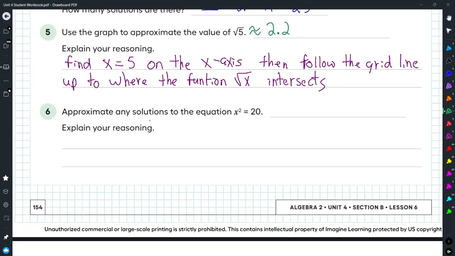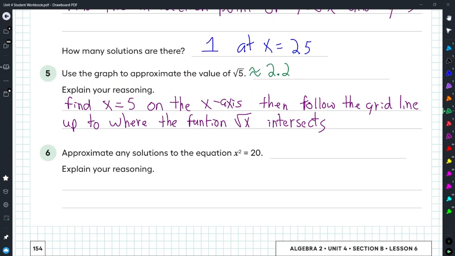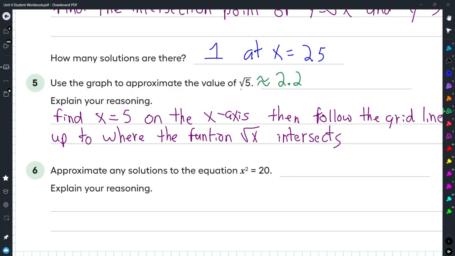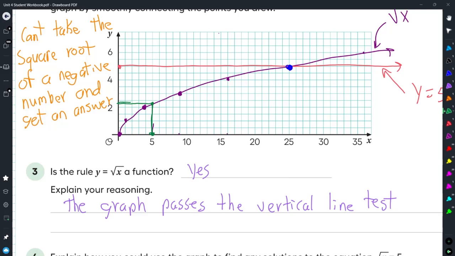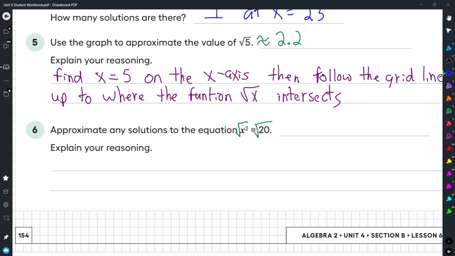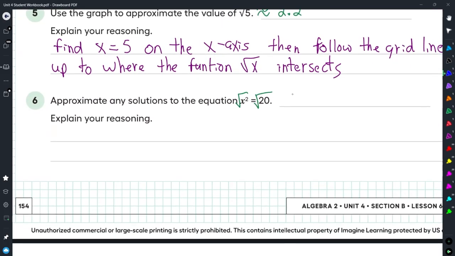Okay, so approximate any solutions to the equation x squared equals 20. So now, again, we are solving. Here, it was just, hey, what is the square root of 5? The square root was already given to us. To solve this, we would actually have to draw it in, so we would have two solutions. So here's 20, and we're going to do the same thing. Go up. So it's a little above 4.5. Maybe 4.6, around there. So it's about plus or minus 4.6.